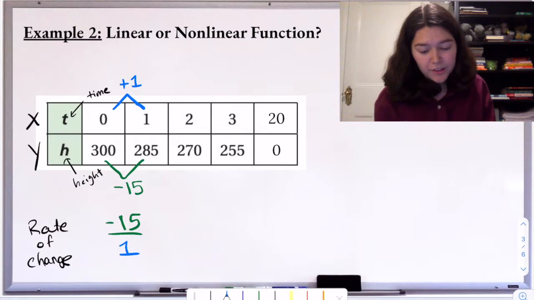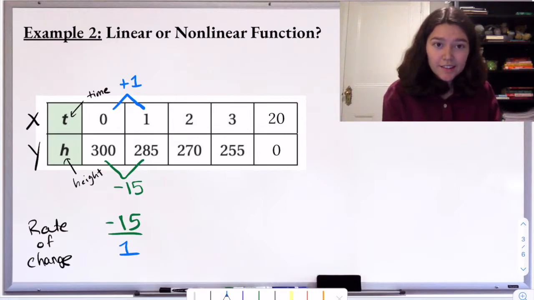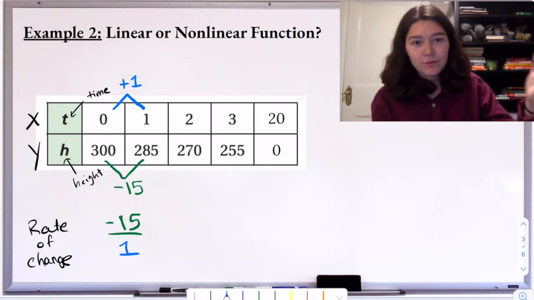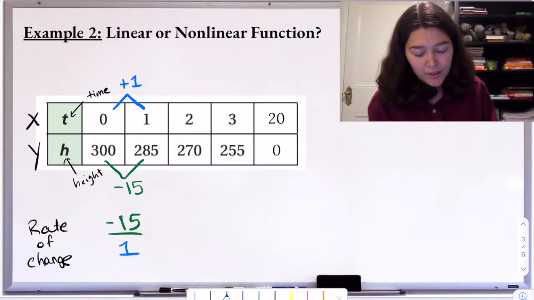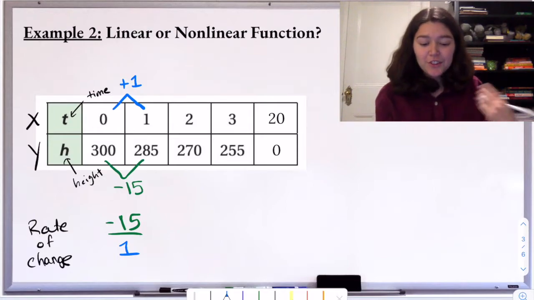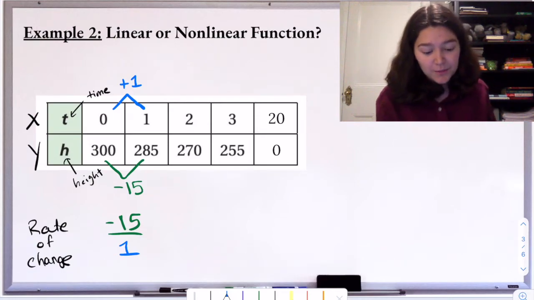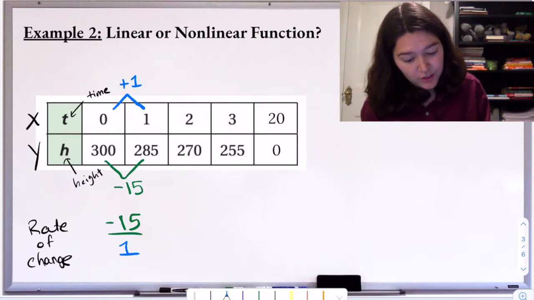So for this 1 second that's gone by, probably 1 second, or 1 minute, the height is going down 15 feet, for example. That's just between one pair of points. So we need to see, is that true for all pairs of points? Because that's what makes it linear. That means we have a constant rate of change.